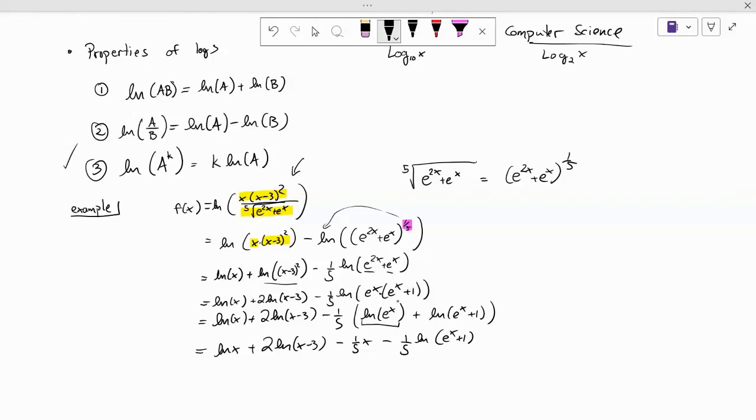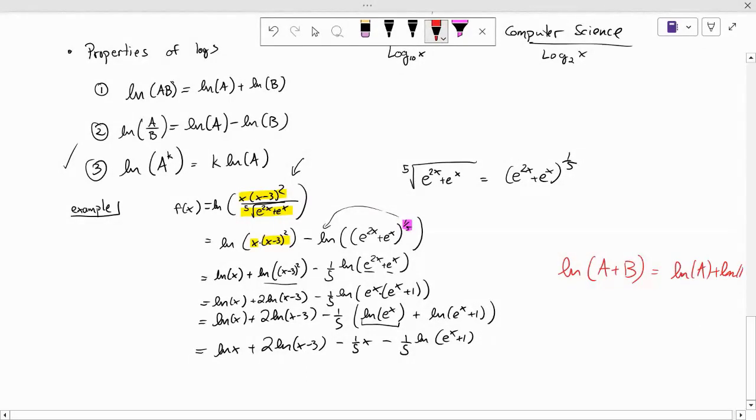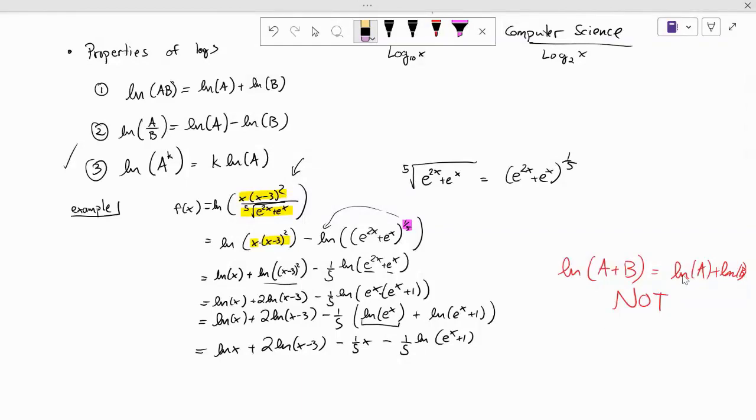I'm really afraid of even writing this down, but there is no property that says log of a plus b is something. There's no identity. It's definitely not log of a plus log of b. So this is wrong.